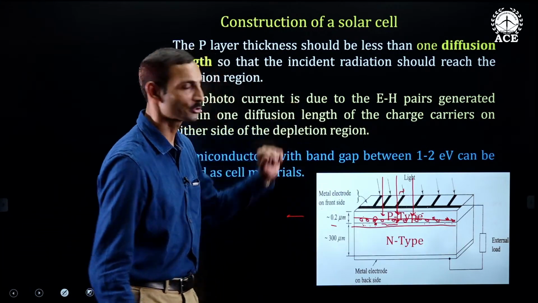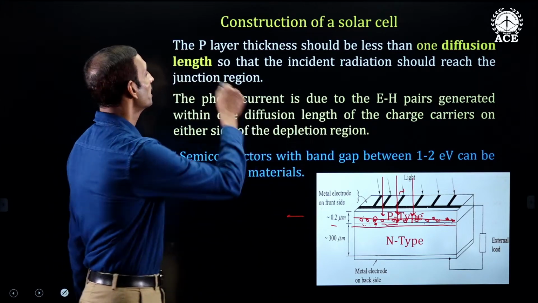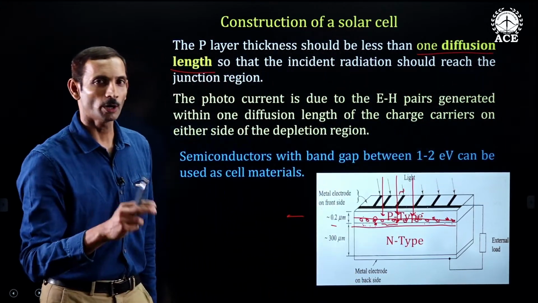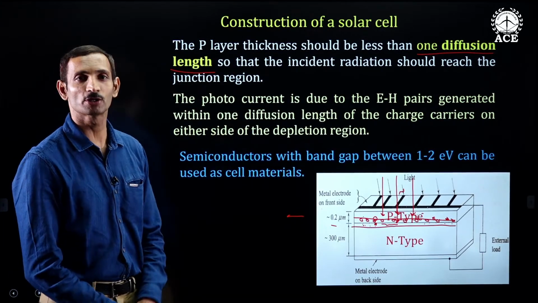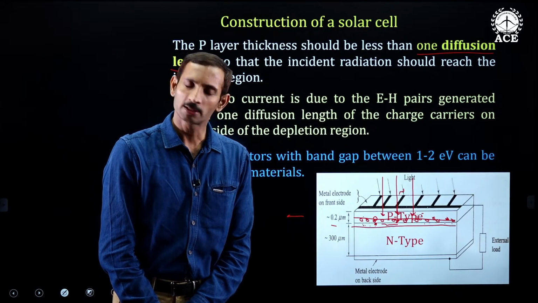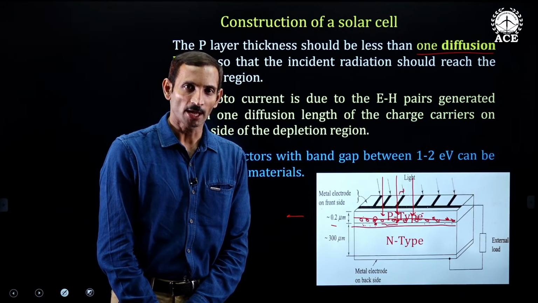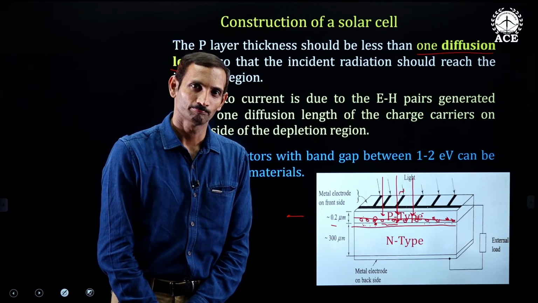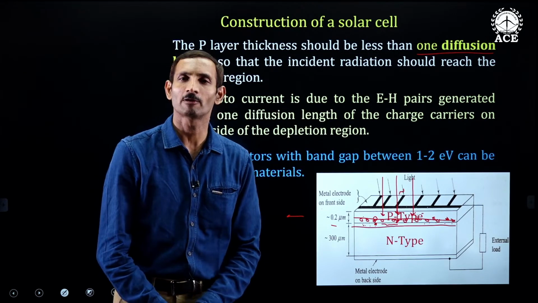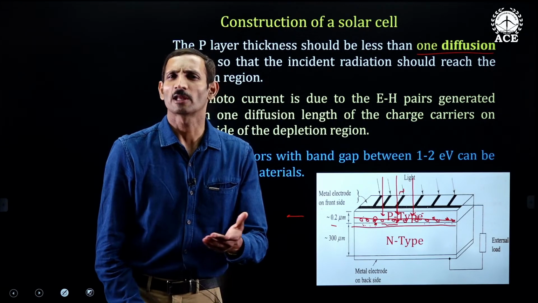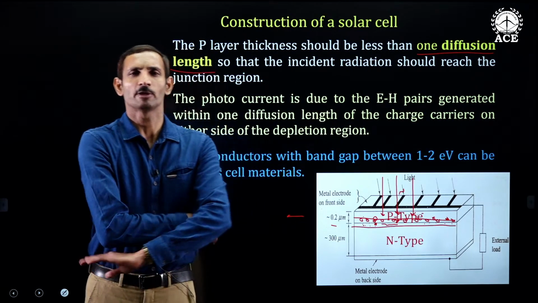Now, there are many things to understand. The concept of diffusion length. Do you know what we mean by diffusion length here? Diffusion length is nothing but the average distance traveled by a charge carrier in its lifetime. What do we mean by lifetime here?